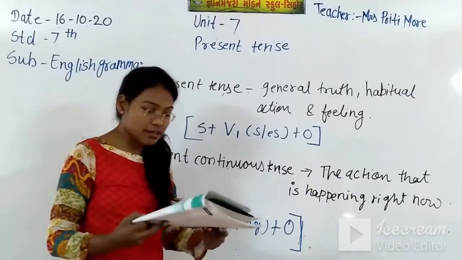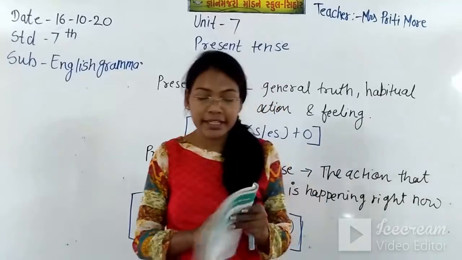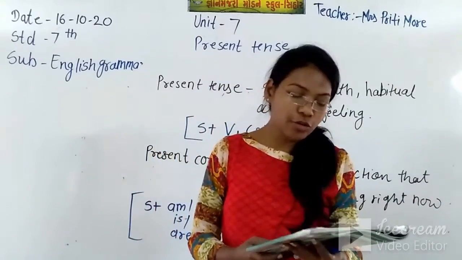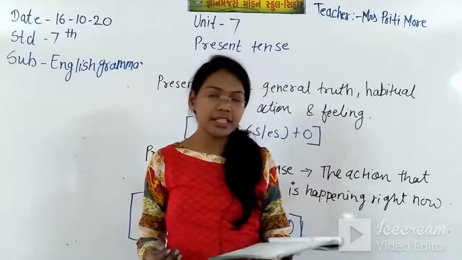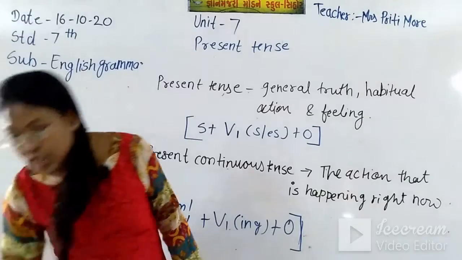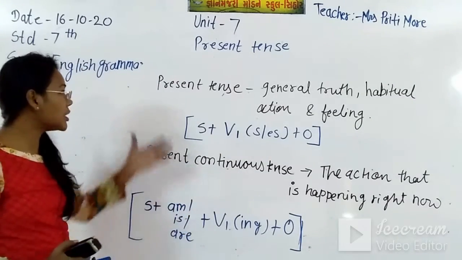Examples also we have seen. Focus exercise A we just completed, practice also we completed. Now today we are going to see practice exercise B. I hope, students, in the last video you understood what the present tense is.